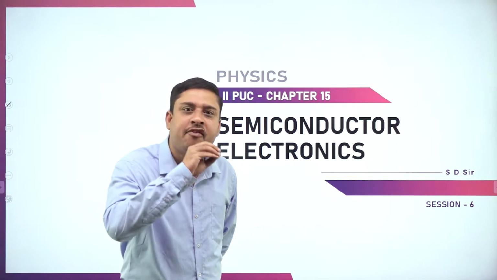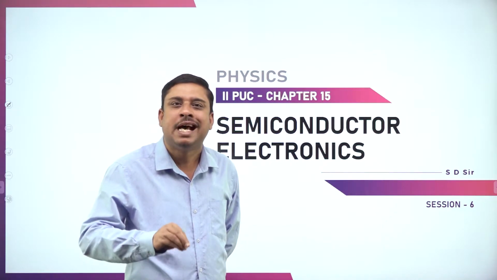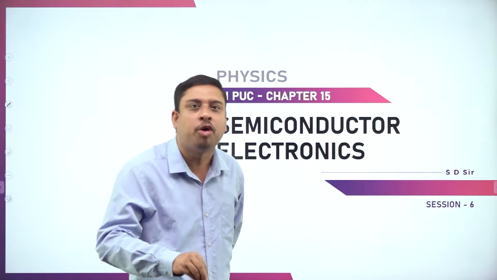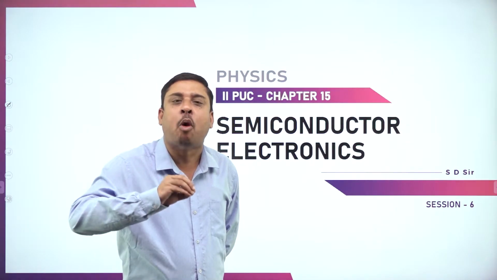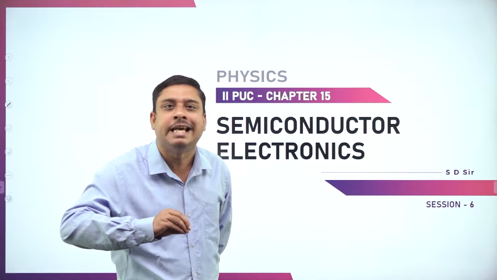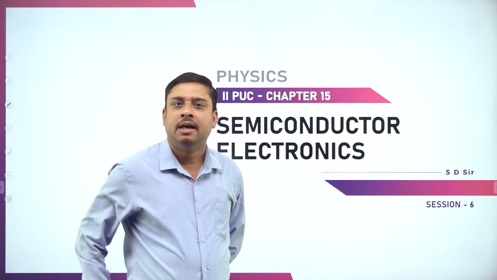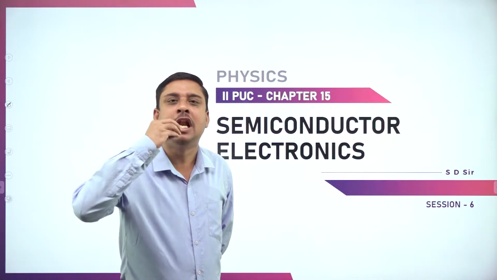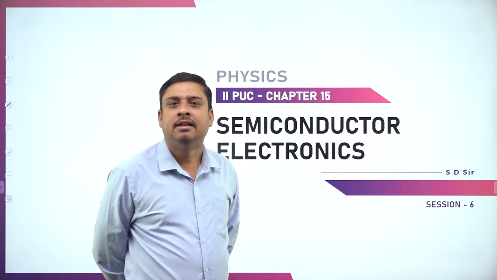In a half-wave rectifier, I used a single diode. Therefore, only positive half cycle was rectified. In a full wave rectifier, I used two diodes.